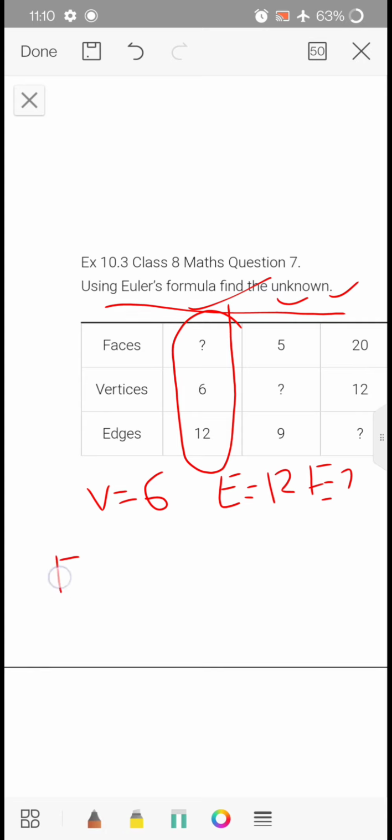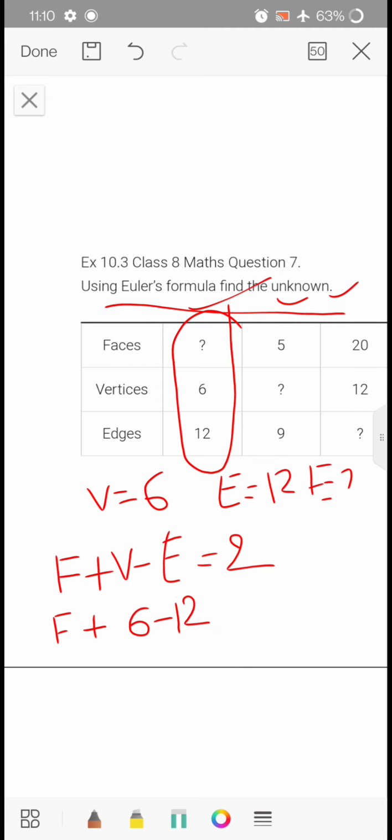The formula is f plus v minus e is equal to 2. Here f will remain as it is, as we have to find it, v is 6, e is minus 12, equal to 2. Solve this first. So f plus 6 minus 12, you subtract: 12 minus 6 is 6. 12 is greater, so it is negative, so you put negative 6 is equal to 2.